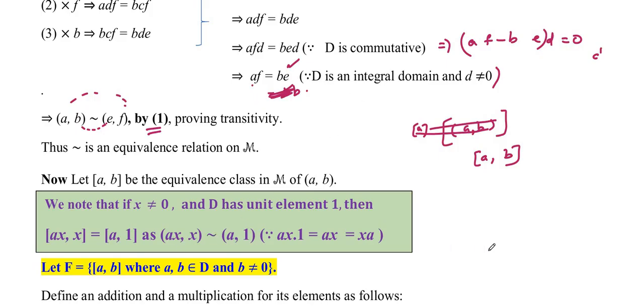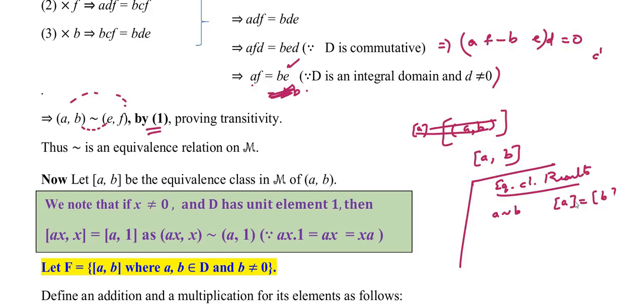In the equivalence class results at the beginning, you would have learnt all this. Whenever A is related to B, we have the corresponding classes equal, and whenever the classes are equal, the elements must be related. This is one of the fundamental results on equivalence classes. So that is what is mentioned here.